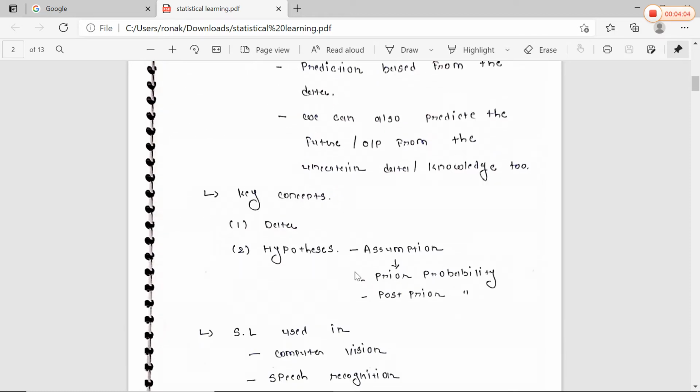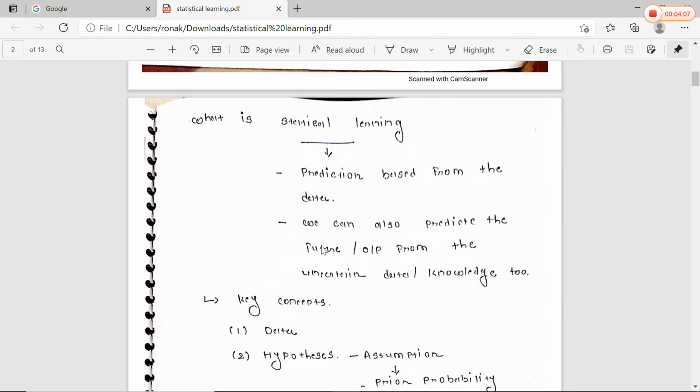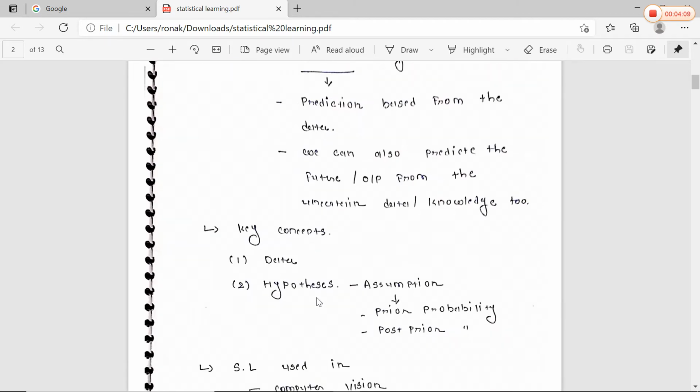We have two concepts for statistical learning. First one is the data and second one is the hypothesis. Hypothesis is a very basic and most important term. Hypothesis means assumption. In our state space search scenario, we discussed the heuristic function or heuristic value, when we talked about greedy best first search, AO star algorithm and A star algorithm, UCS, uniform cost search.